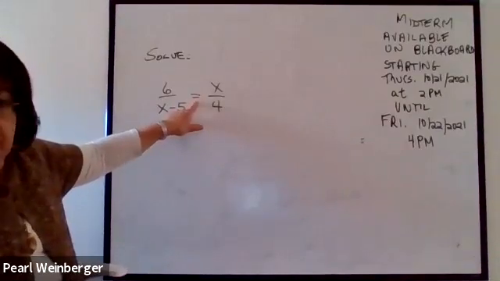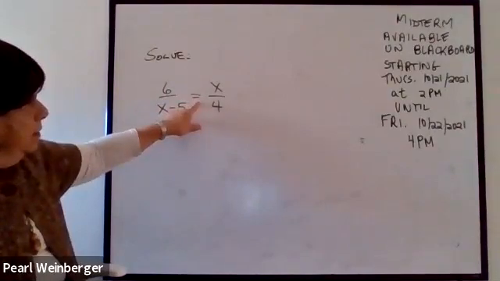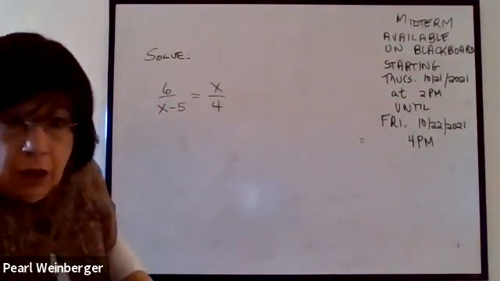Yes, that's an equal sign. This is an equation. It's 6 over x minus 5 equal x over 4.